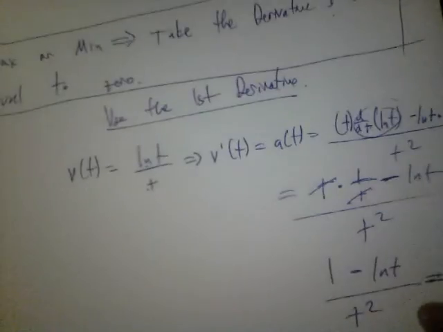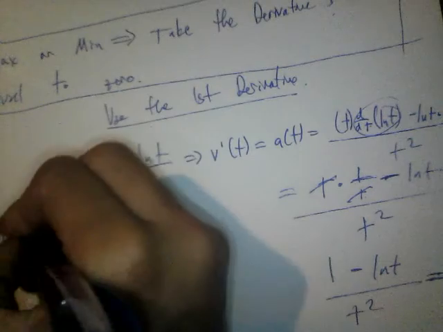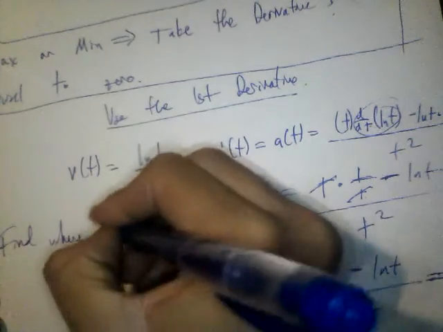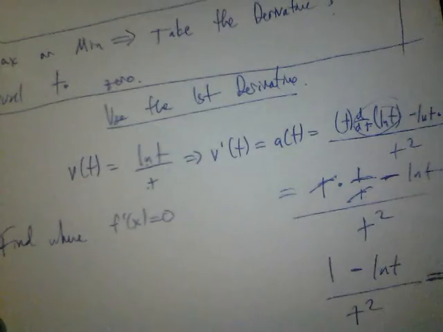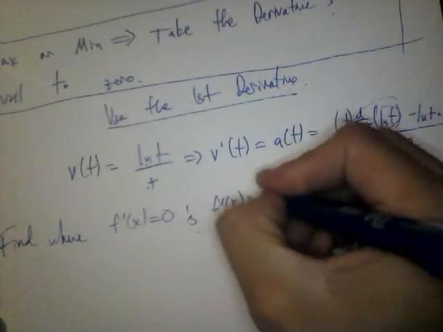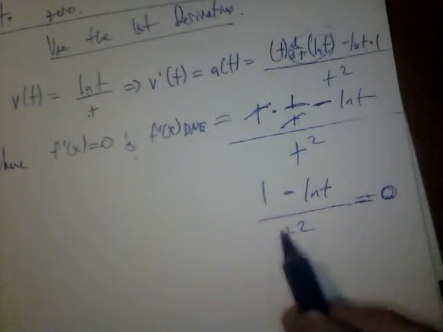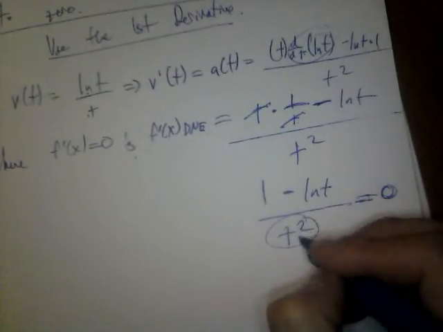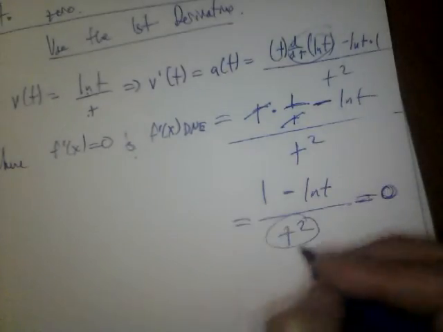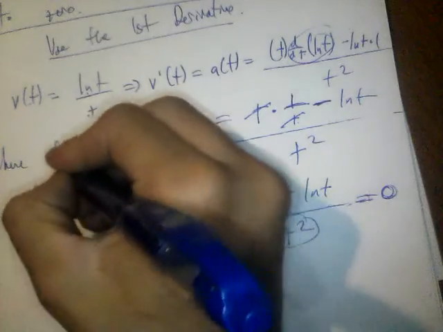Now, if you recall, there are two things we need to look for: where f prime is 0, and where f prime does not exist. In this case, the function is v prime, it's the same thing as f.